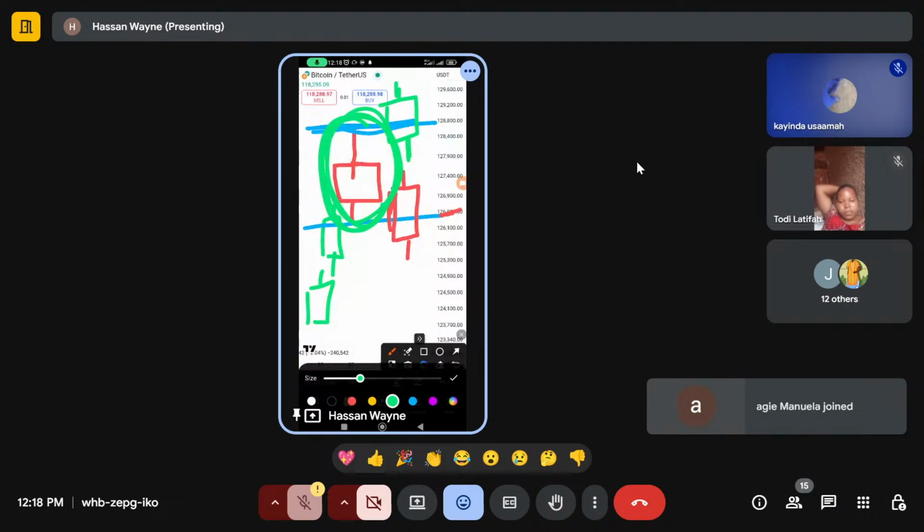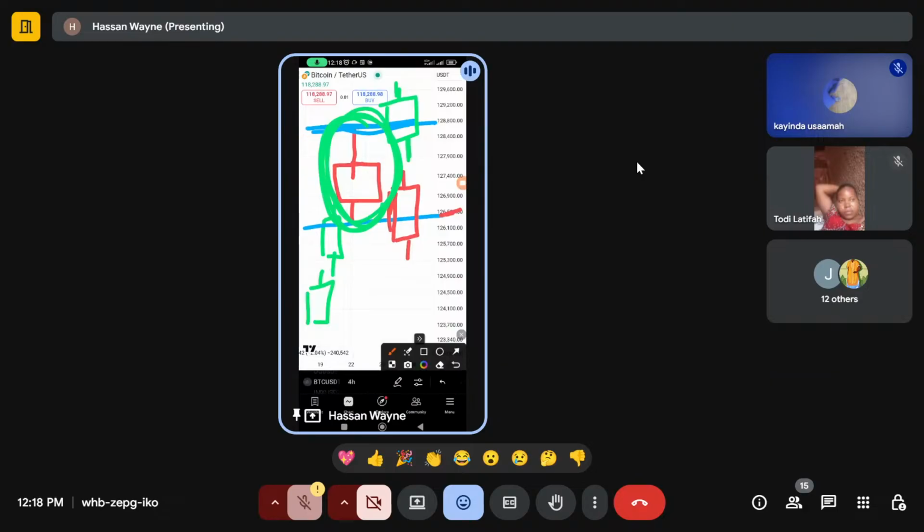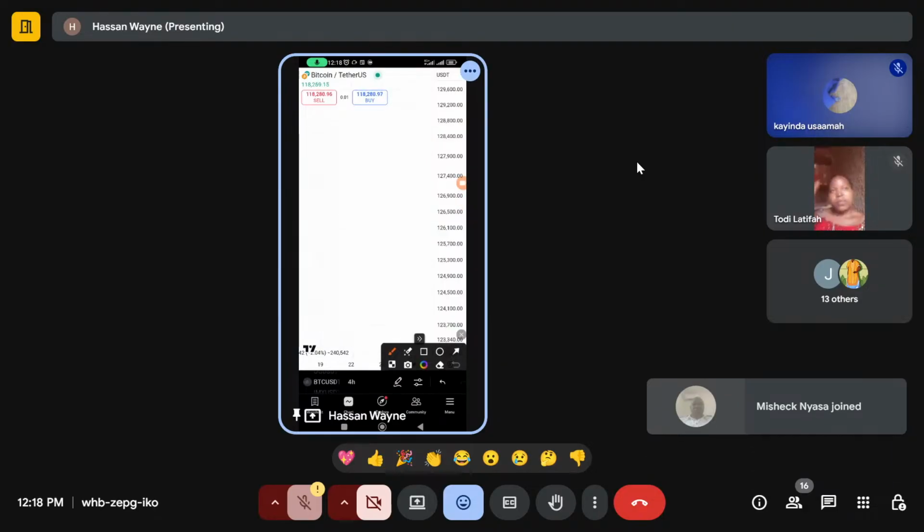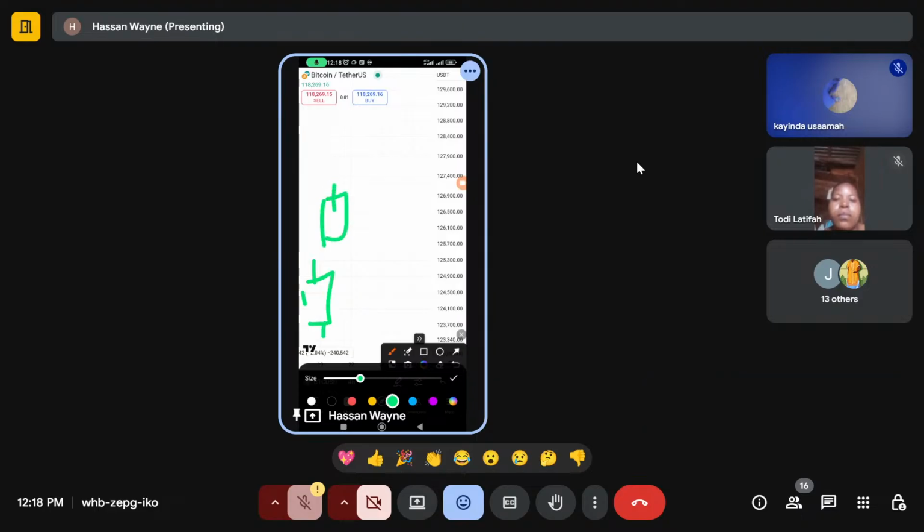Okay, so this is how a shooting star forms. And when you find a bullish shooting star, let us say we have been in an uptrend market and we find a bullish shooting star or inverted hammer like that, always draw your resistance here and your support at the end of this week, and wait for the confirmation.